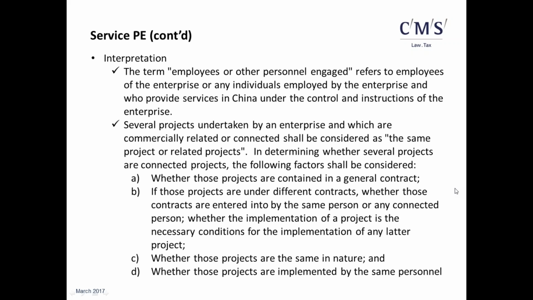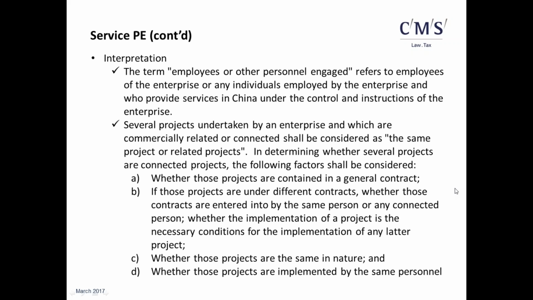foreign consulting company needs to provide consulting service to a Chinese customer. The consulting service will be provided in two phases. The first phase is giving advice, and the second phase is to help implement the advice.